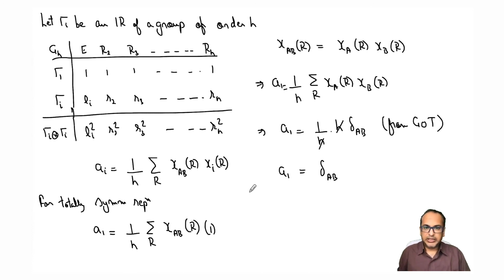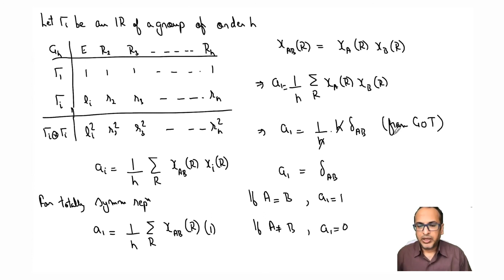So now we can say that if A is equal to B, then A1 is equal to 1, and if A is not equal to B, A1 is equal to 0. So now here we have shown the first case which we wanted to show.